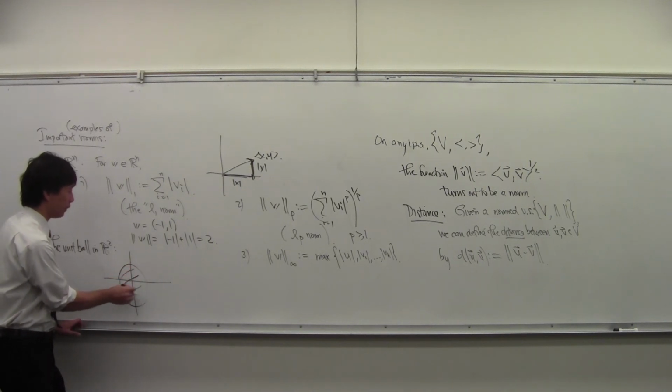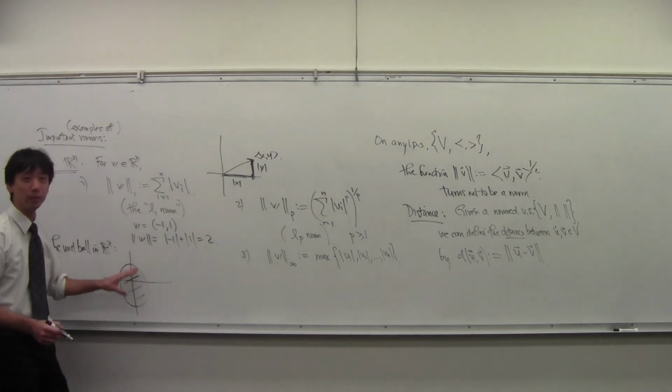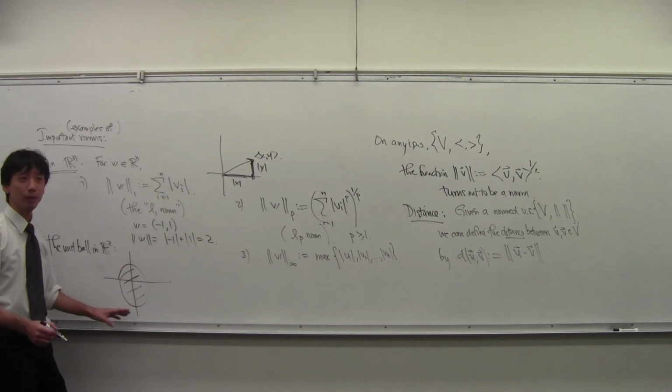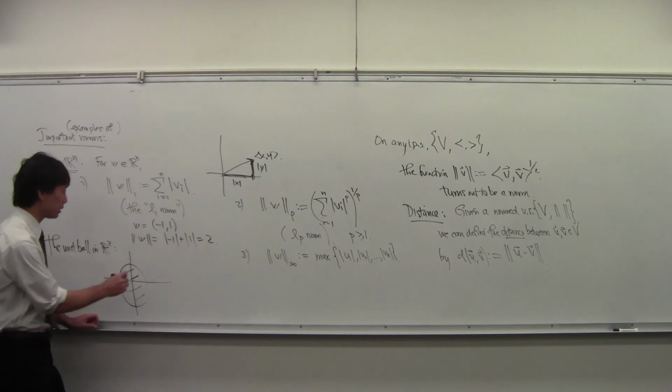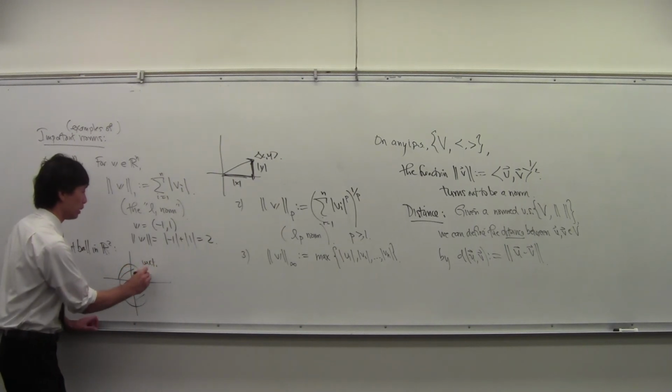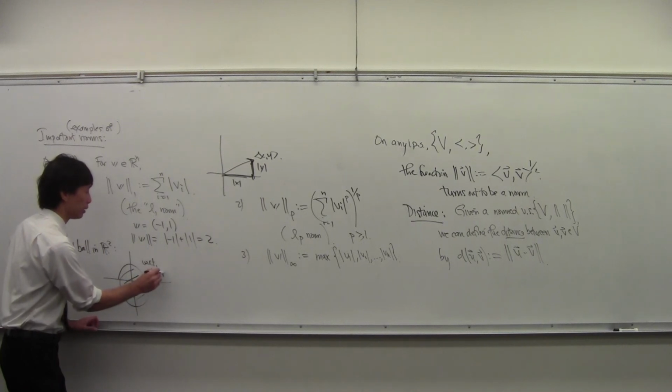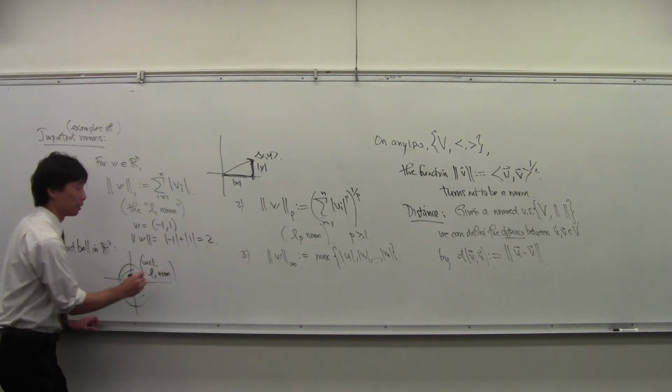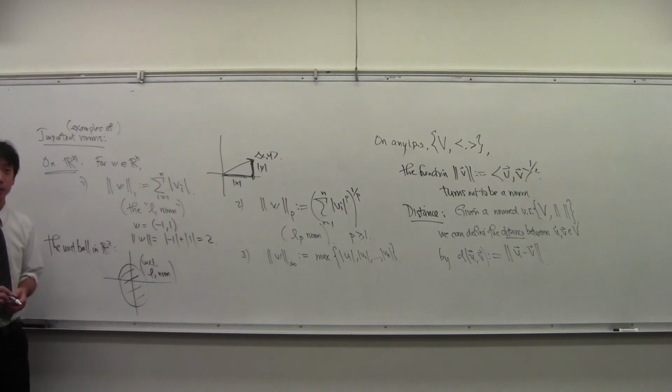If they're distance 1 from the origin, 1 or less, then it looks like this, right? This is the unit disk with respect to the L2 norm, right? That's what the unit disk looks like.